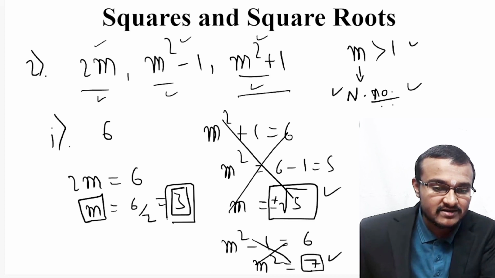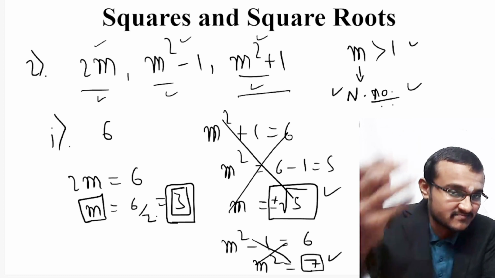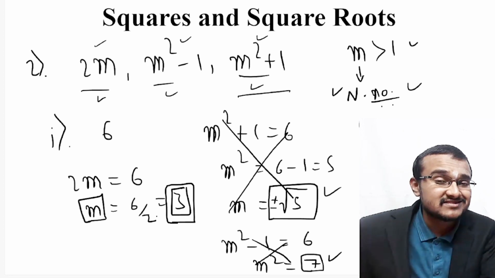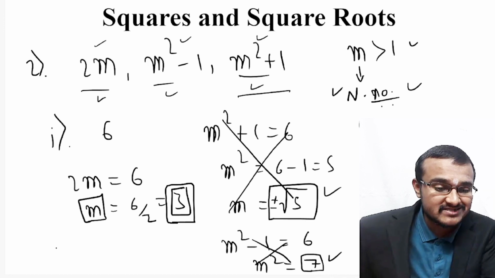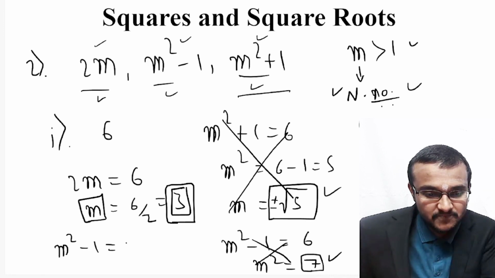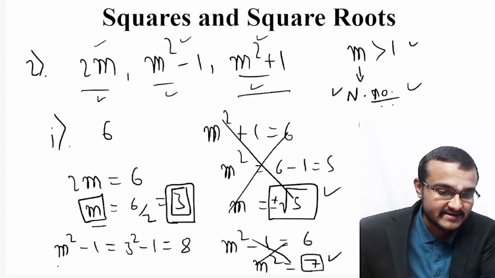So by using this 3, you can find the other Pythagorean triplet numbers which are there along with 6. What is the second number? It is m square minus 1, which is equal to 3 square minus 1, because we have found the value of m. So 3 square minus 1 is 9 minus 1, that is 8.